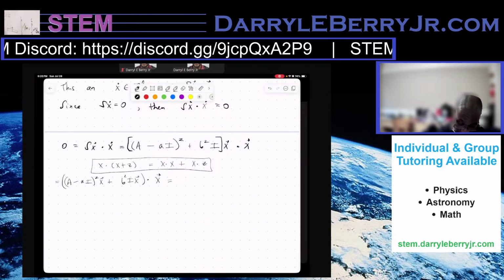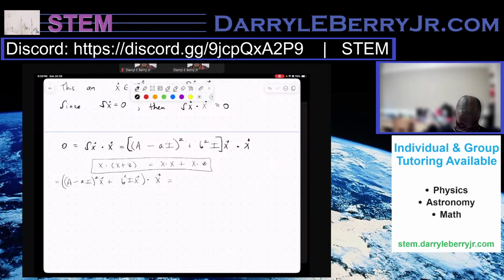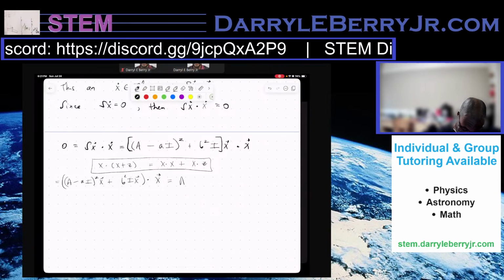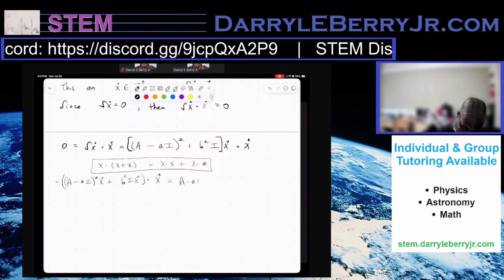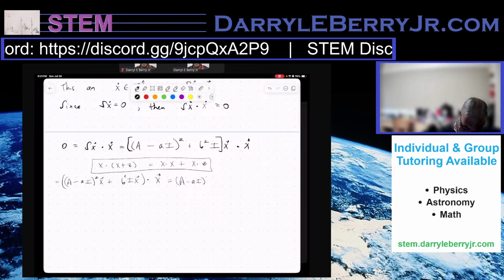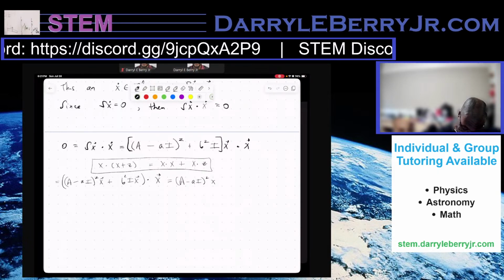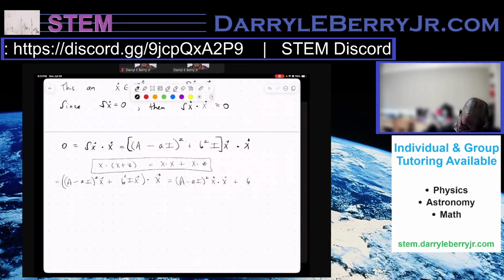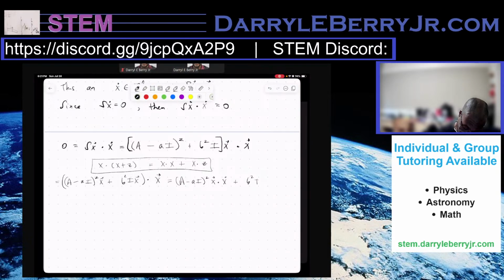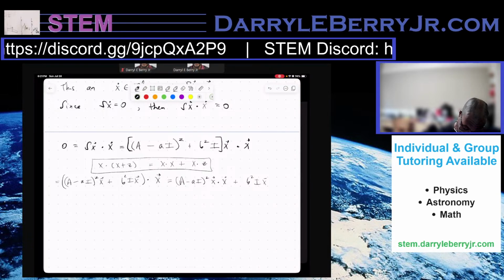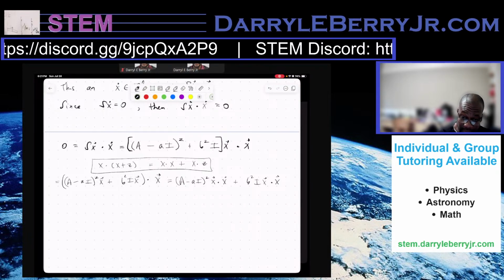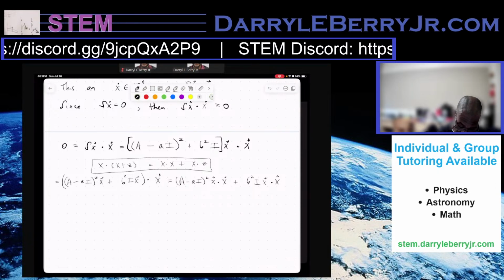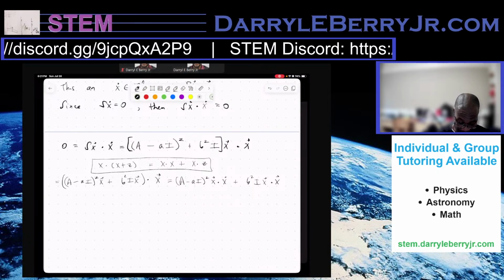So that's going to equal (a minus ai) squared x dot x plus b squared ix dot x. So using that principle, we have that.